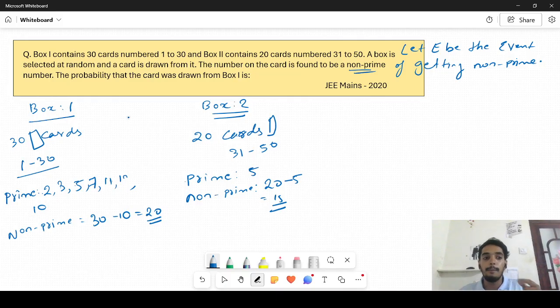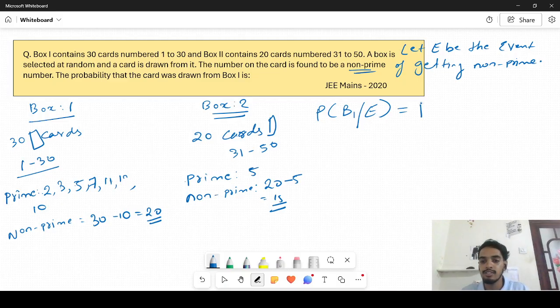We have to find the probability that the card was drawn from box 1, given that the event E has happened, which means given that the card we have taken is a non-prime. This is conditional probability.